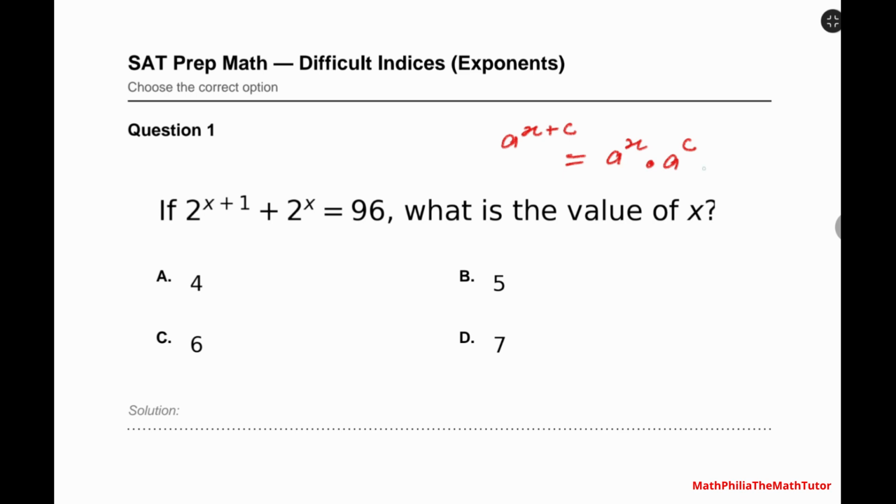Because in indices, when we multiply two numbers together whose bases are the same, we add the powers. Okay, so these two are equal. The base is a, the base is a, so if you multiply them, it's just as adding the powers together, which will be x plus c. So these are the same. Let's go ahead and solve this question.